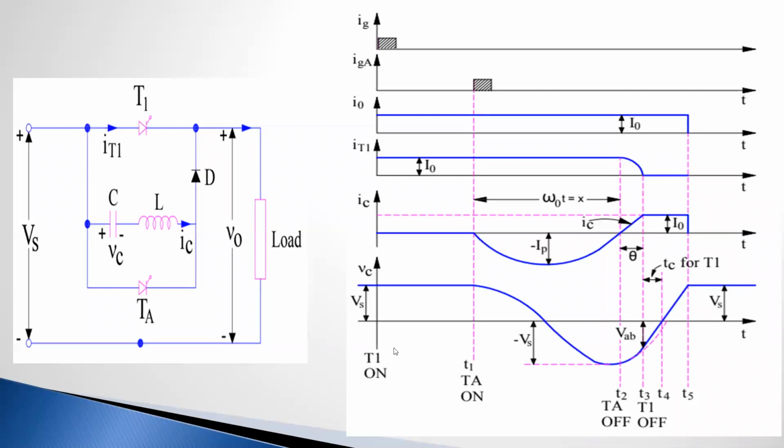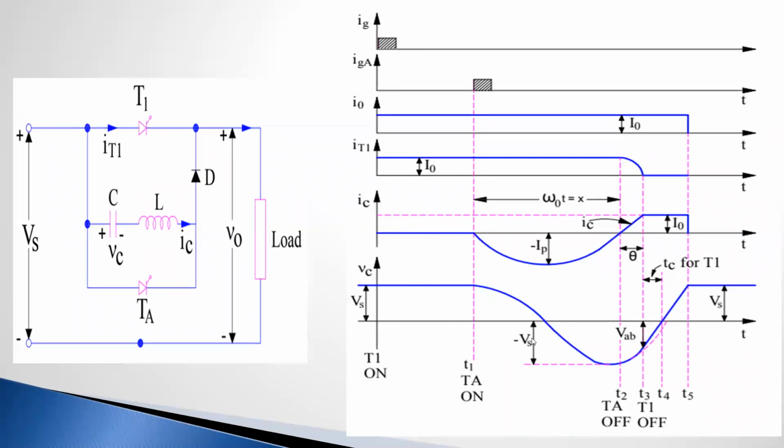Initially, the thyristor T1 is triggered by giving the gate pulses at time t equal to 0. This is the 0 time on the x-axis, this is the T1 time, this is the T2 time, this is T3, T4, T5.